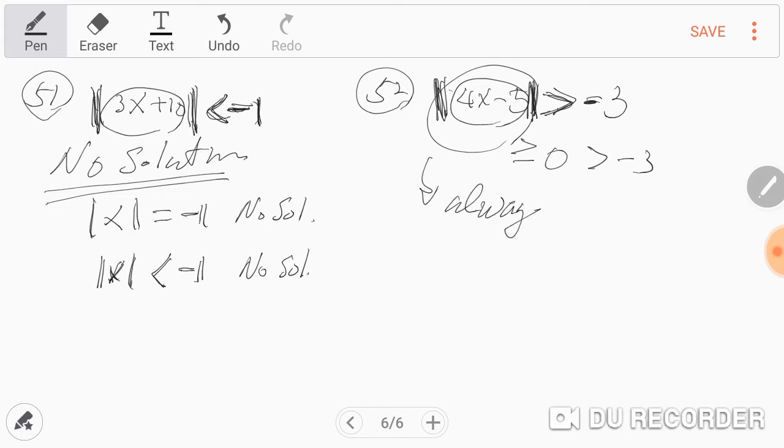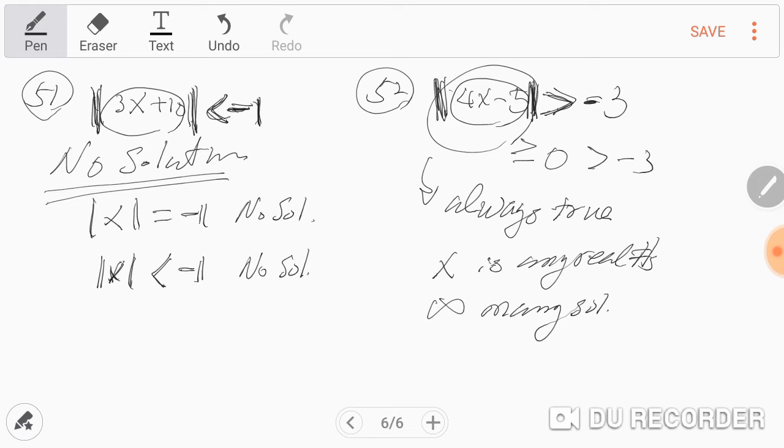The inequality is always true. So x can be any real number. So there are infinitely many solutions. We can say that all real numbers, all the values on the x number line, is the solution.